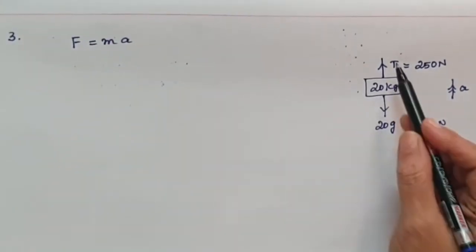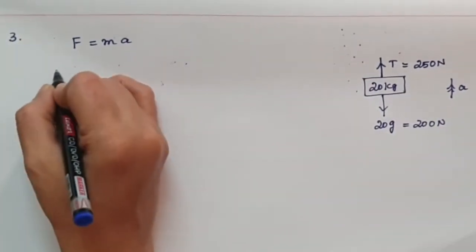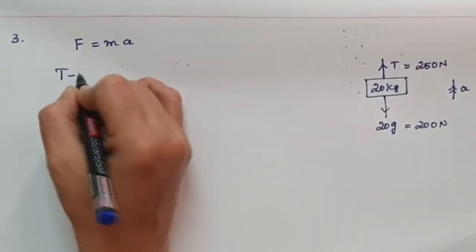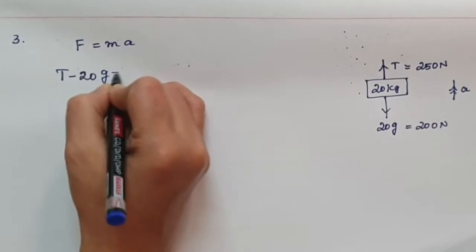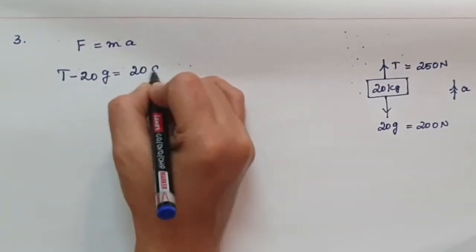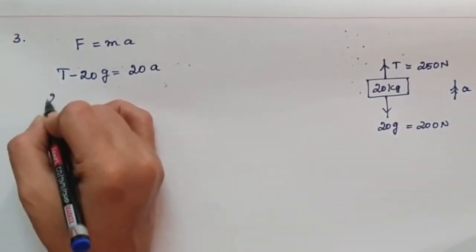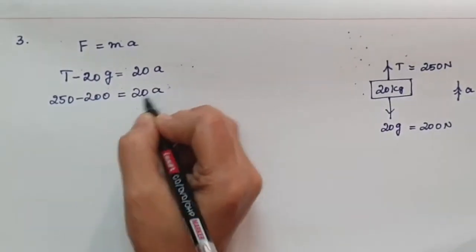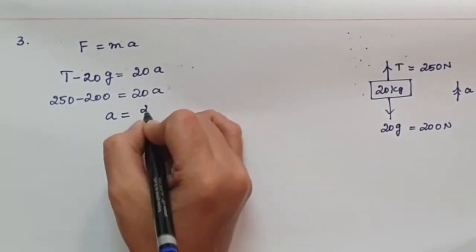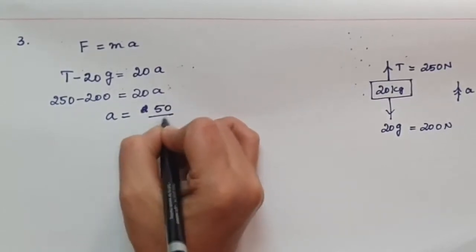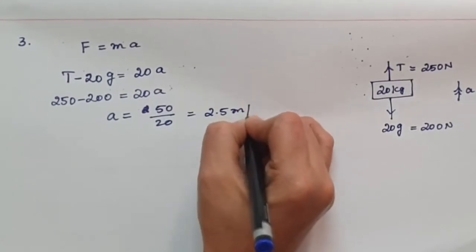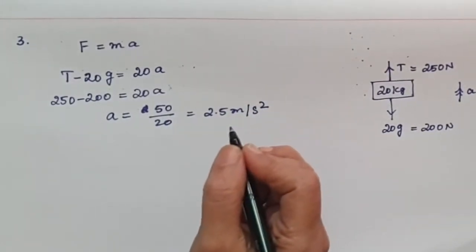Upward is the positive direction, so T minus 20g will be equal to 20a. Substituting the values, 250 minus 200 will be equal to 20a. So a will be equal to 50 divided by 20, which is 2.5 meter per second squared.